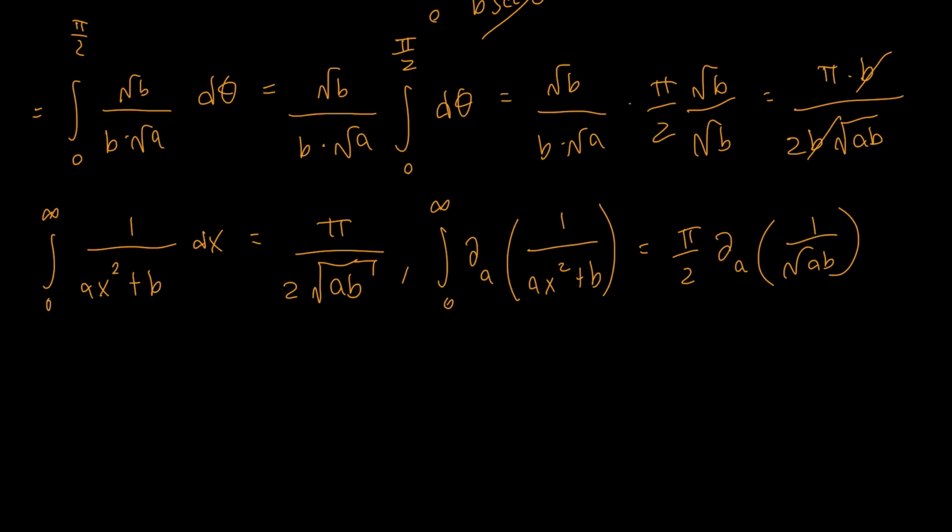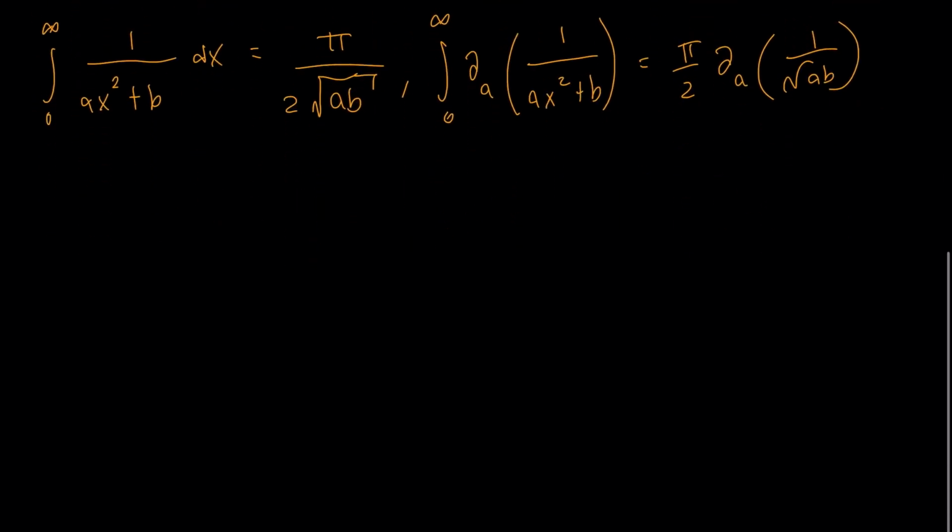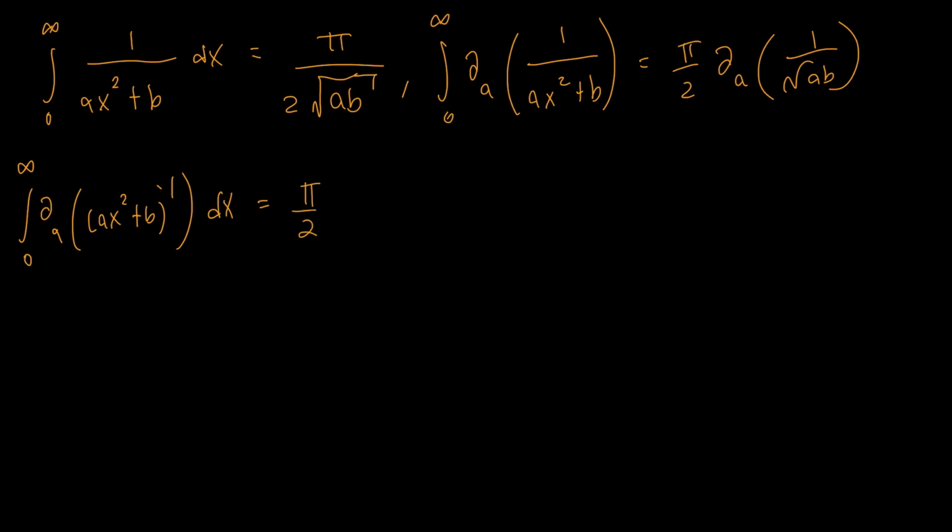So now we just have to compute these derivatives. So we have the integral from 0 to infinity, the partial derivative with respect to a of, we can rewrite this as (ax squared plus b) to the negative 1 dx equals pi over 2 the derivative with respect to a of (ab) to the negative 1/2 power.